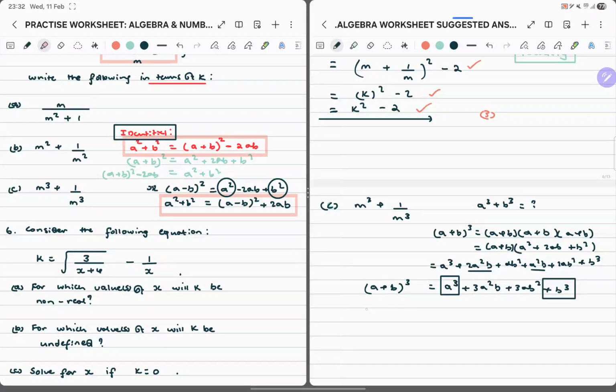So when we do that, we're going to have a cubed plus b cubed equals (a plus b) cubed minus 3a squared b minus 3ab squared.